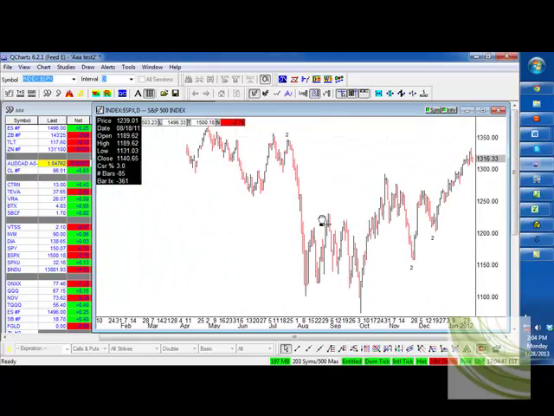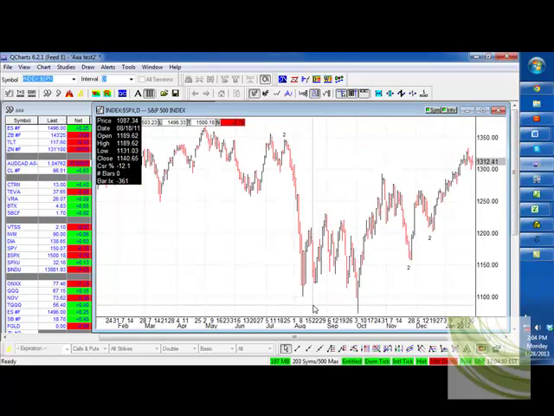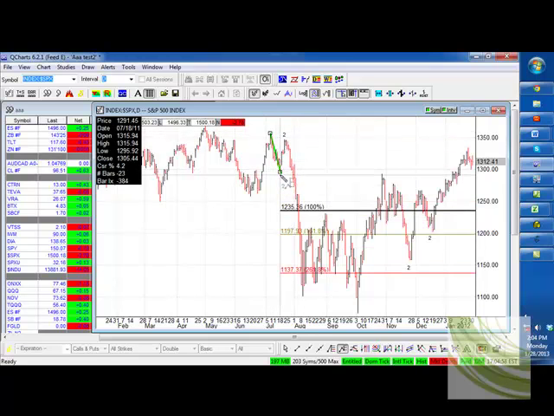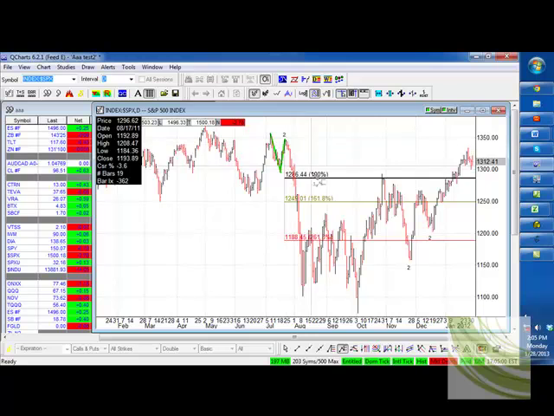So we talk about those kinds of things in the video because it's just nice to know how far things are going to go, but that really isn't what the video is about. Here's a 100% point, here's a 1.618, and the 2 even went past the 2.1.